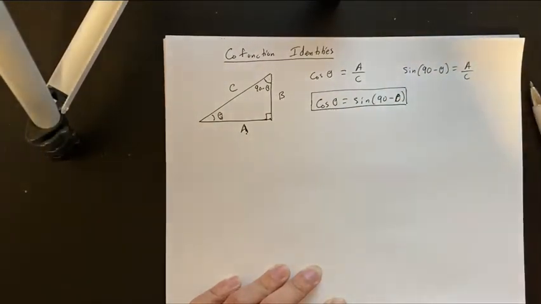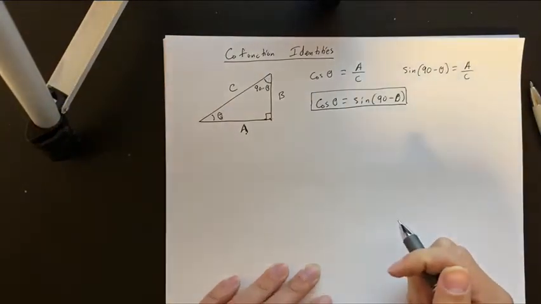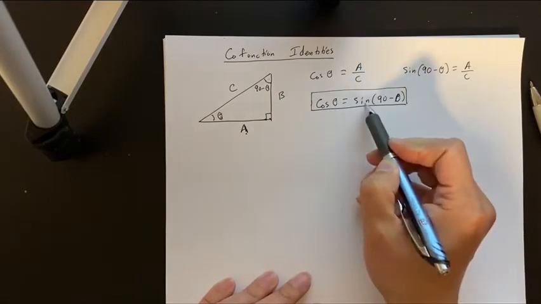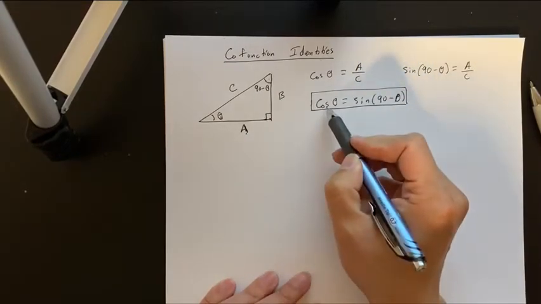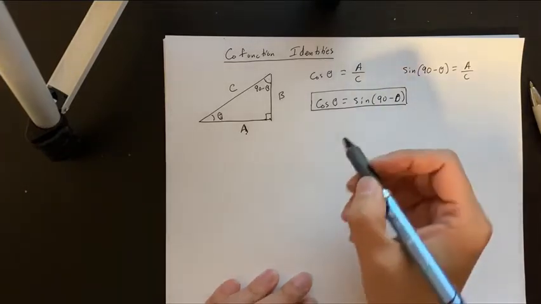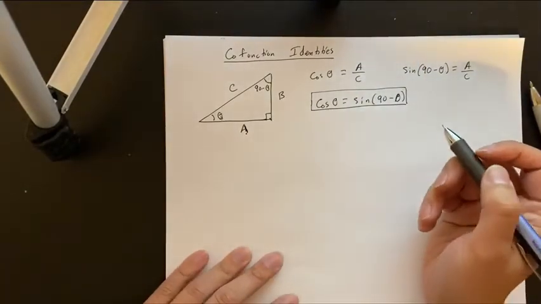So they're equivalent. That's why this is called cosine: cosine is the cofunction of sine. And you can do this for tangent as well as secant, cosine, cotangent, cosecant. Let me do one more example with you guys.